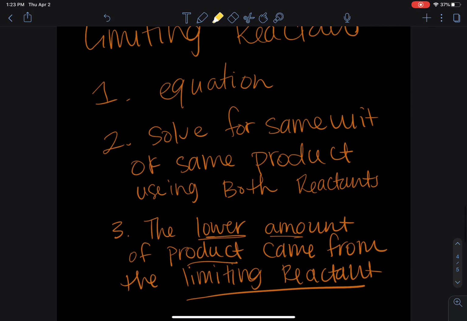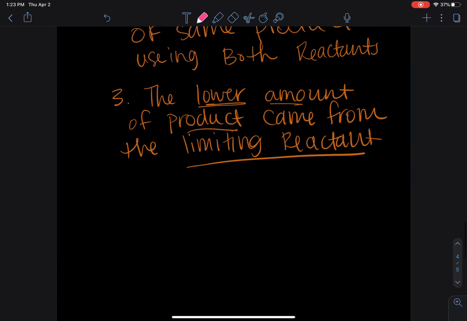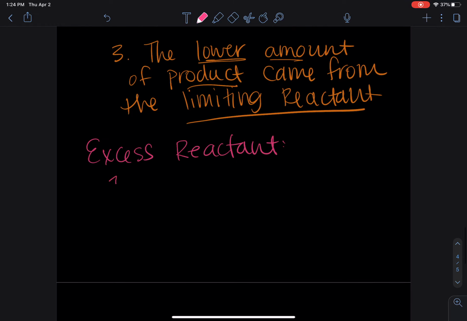Okay, and let's talk about excess reactant as well. Your excess reactant is the other reactant. Step one is to identify it, but that is done up here.